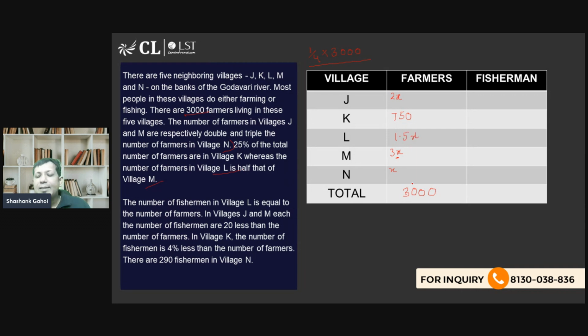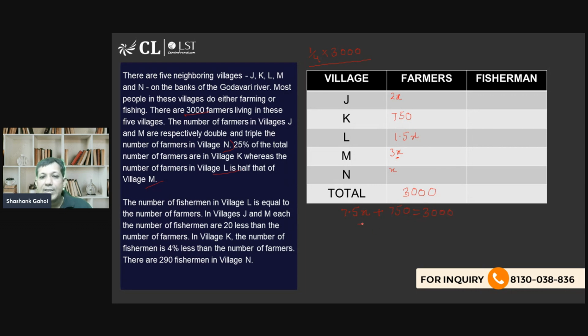Okay, so basically the table is filled completely, and there is only one variable x, so we can figure out the value of farmers. So 2x plus 3x, 5x, plus x is 6x, 6x plus 1.5x is 7.5x, plus 750, and that should be equal to 3,000 that is given to us.